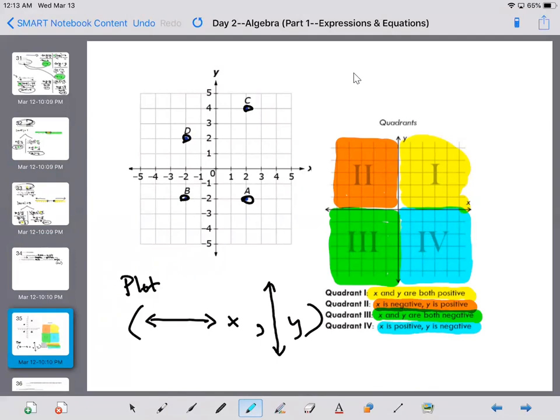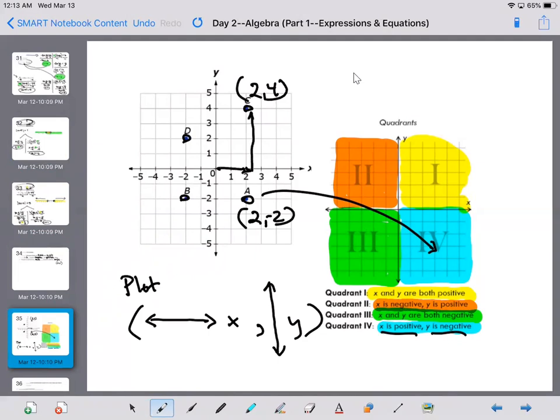So when you look at point A over here, that's going to be 2, negative 2, and that falls into your fourth quadrant, where X is positive and Y is negative. Point C is going to be at 2 and 4, so we move to the right 2 and then up 4, and that will fall in quadrant 1, where X is positive and Y is positive.